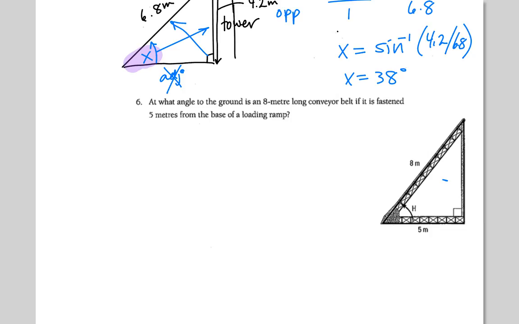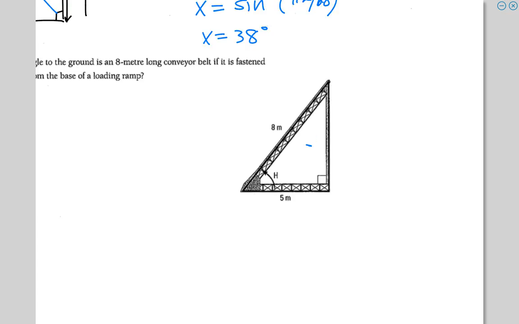Okay, so this problem's already been drawn for us, and they're just asking us to find the angle. So all we have to do is label and then second function, whatever trig formula it is. So using this angle, straight across is the op. Find the 90, straight across, that's the hyp, and here's your adjacent.